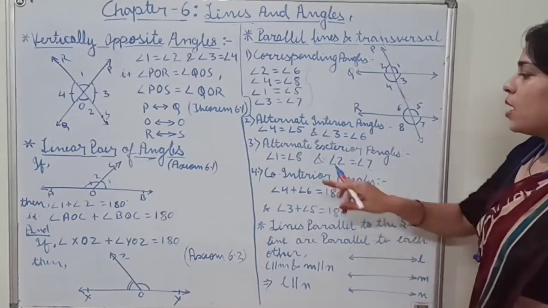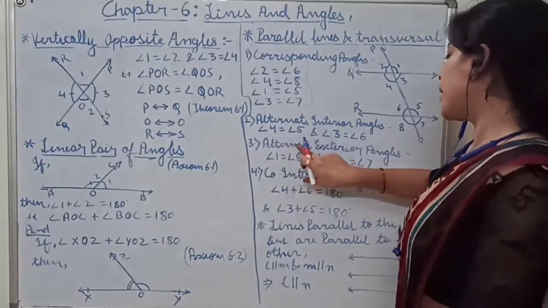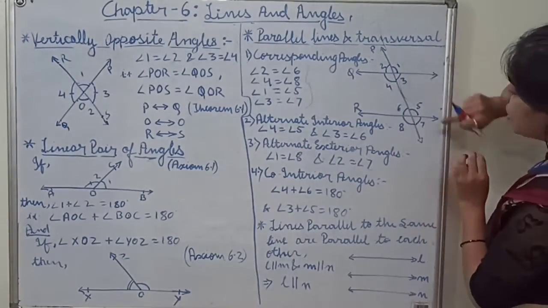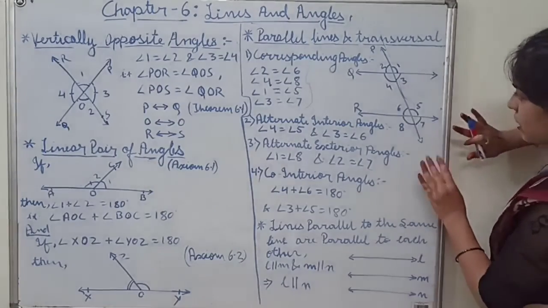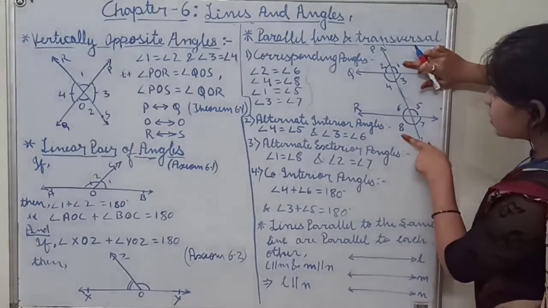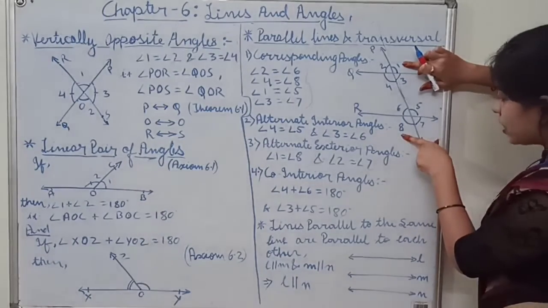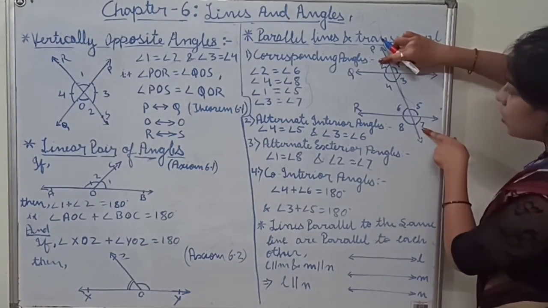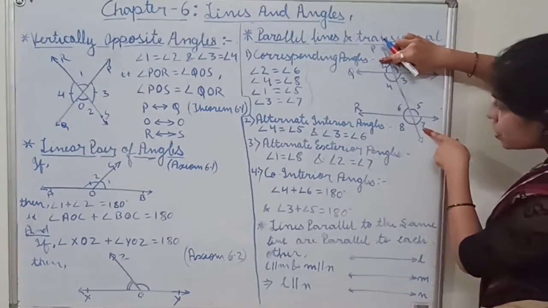Now see, third one is alternate exterior angles. Exterior angles, alternate and exterior. Angle 1 and angle 8 are alternate and they are exterior also. Similarly angle 2 and angle 7 are alternate and they are exterior also.